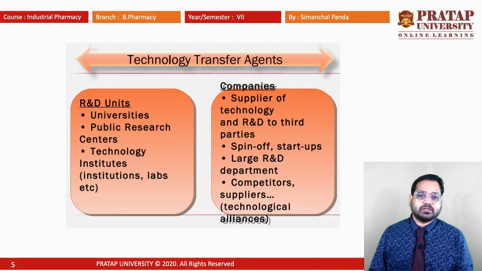There are different companies working on them, that may be suppliers of technology and research and development to third parties, spin-off, startups like this. There are large research and development sections which are part of the company, and they go on investing. So if any new ideas are implemented, those are used for production on a large scale. There are different competitors and suppliers for the technological alliances.